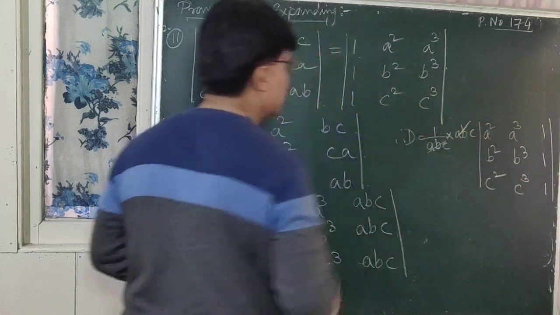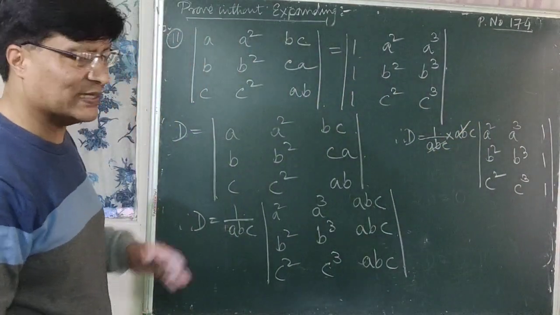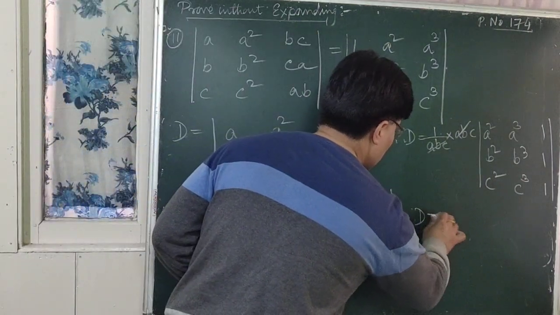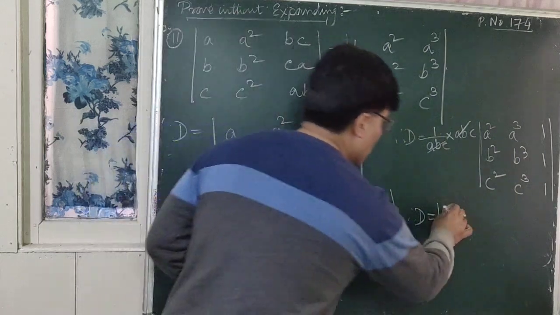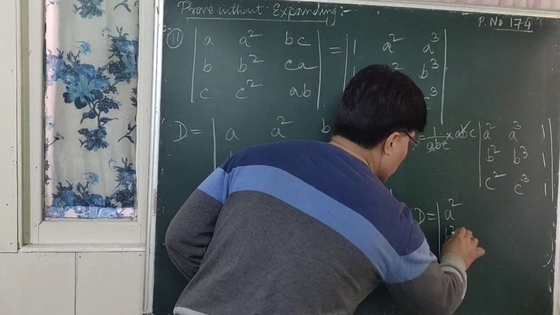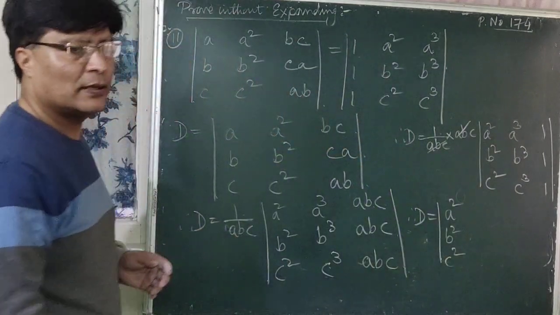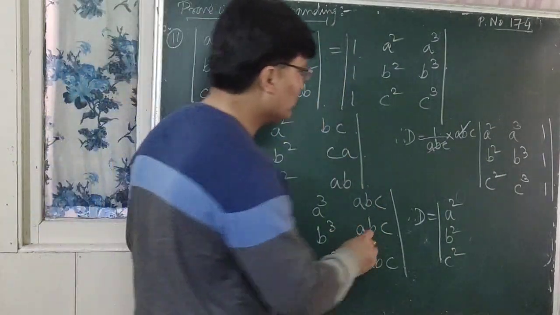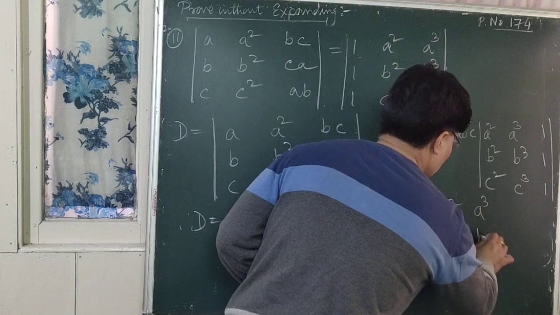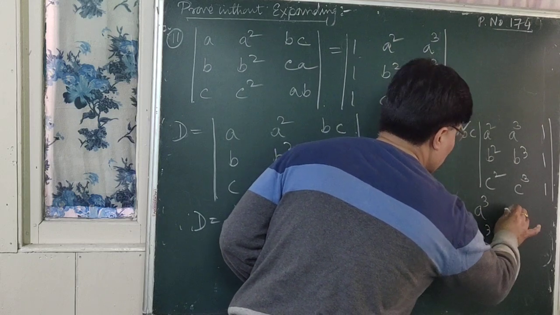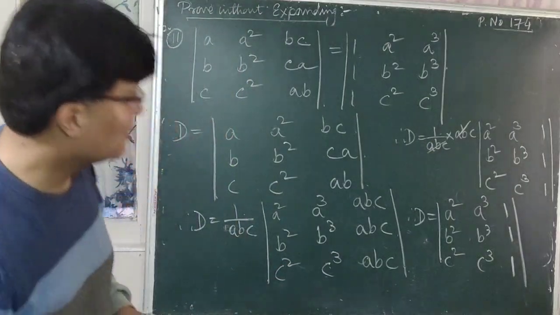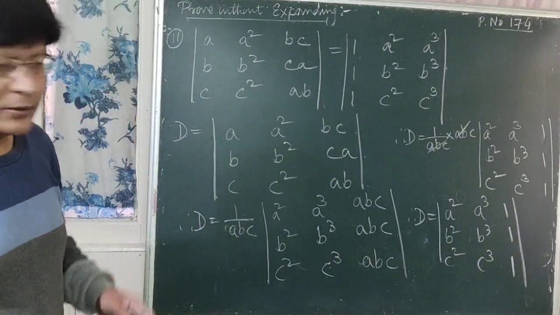So here you can cancel this common term ABC. That is 1. So what is D now? D is equal to, what is the first column? A square, b square, c square. What is the second column? A cube, b cube, c cube, and what is the third column? It is 1, 1, 1, right? Understood? Okay.